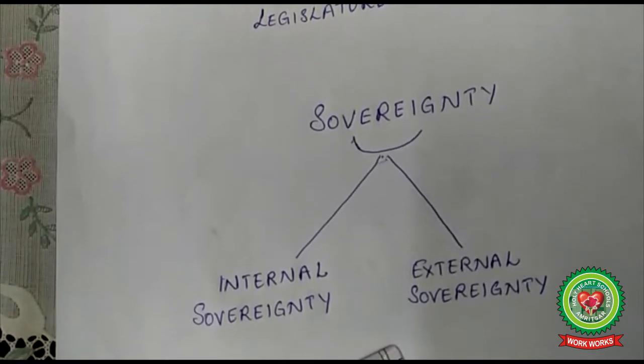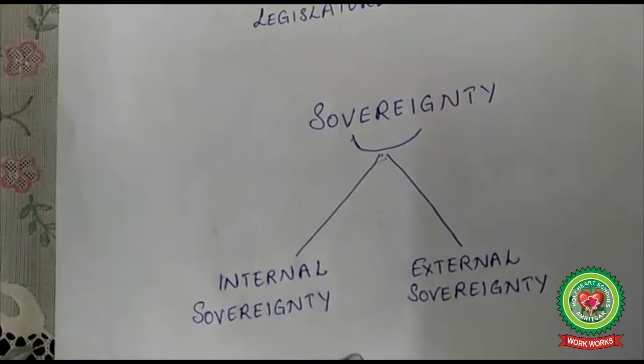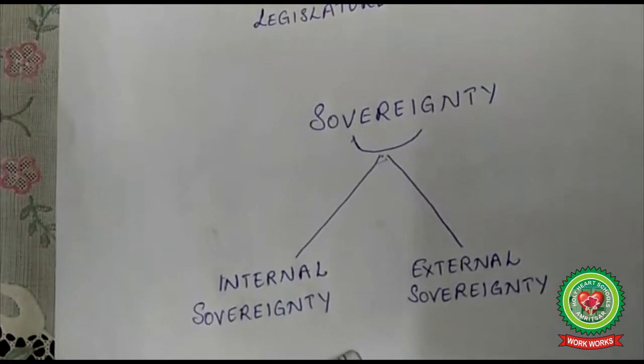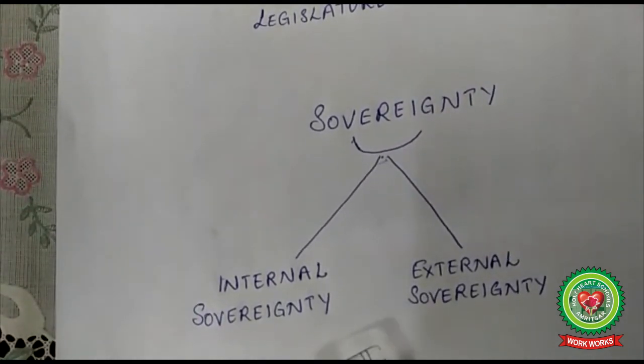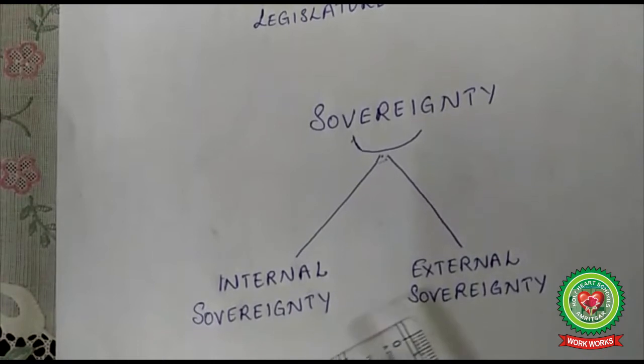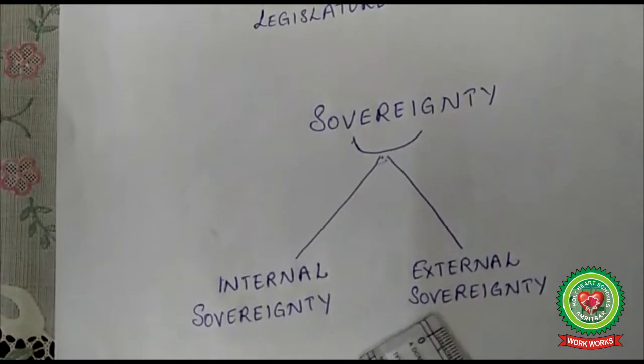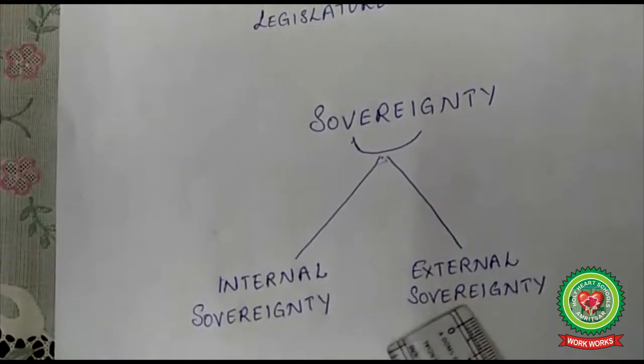Yes, that is sovereignty. No doubt they have population, they have territory, they have their leader, but they don't have sovereignty, because whatever they decide, only their own group will follow. No other agency or organ will follow. So sovereignty is the most important element of the state.